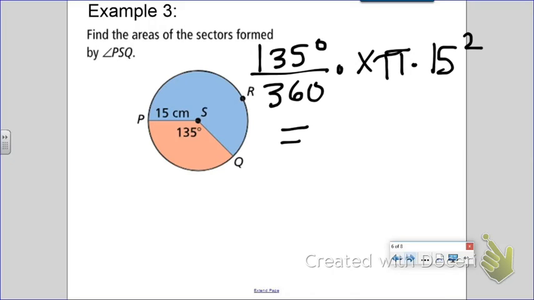So I'm going to take 135 over 360 and multiply that by pi times 15 squared. Our answer comes out to be about 265.07 for the area of that sector piece.